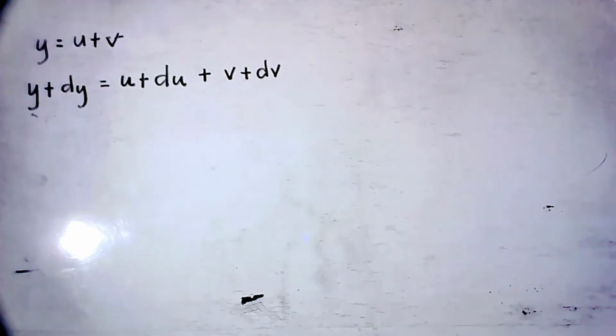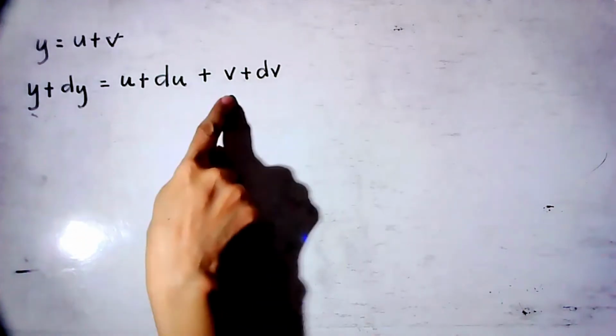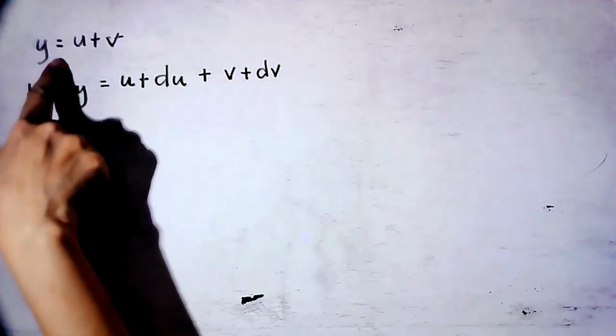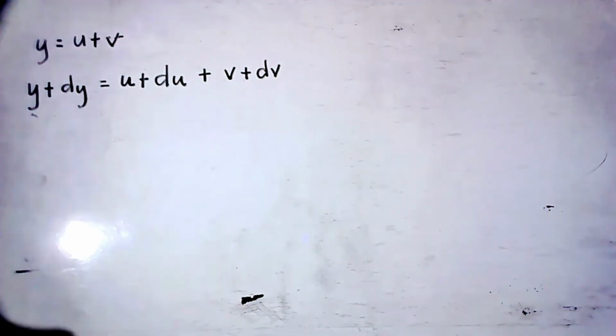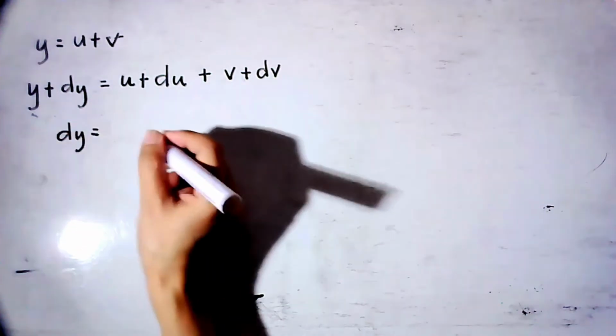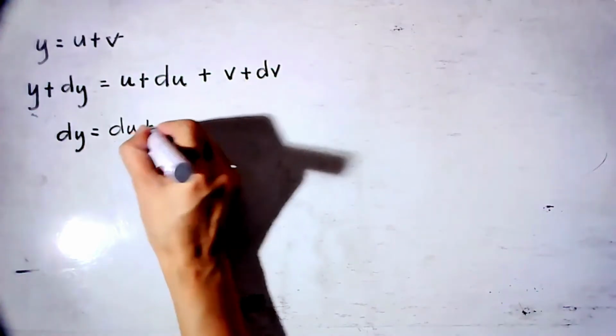Okay, so this is our sum rule. And by subtracting from the original, y equals u plus v, we will have dy equals du plus dv.